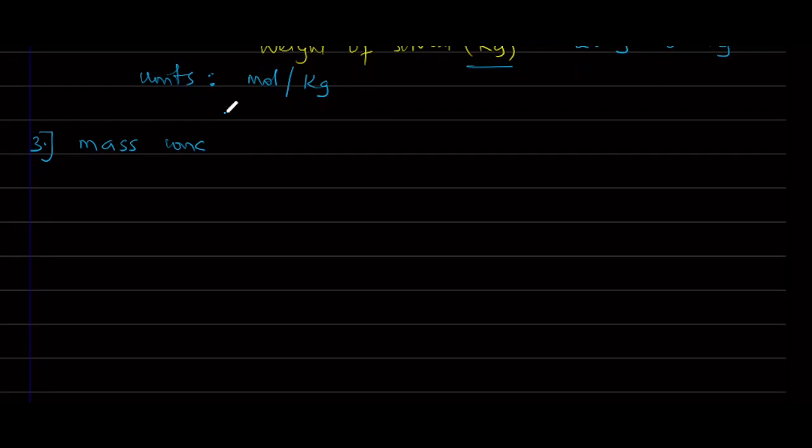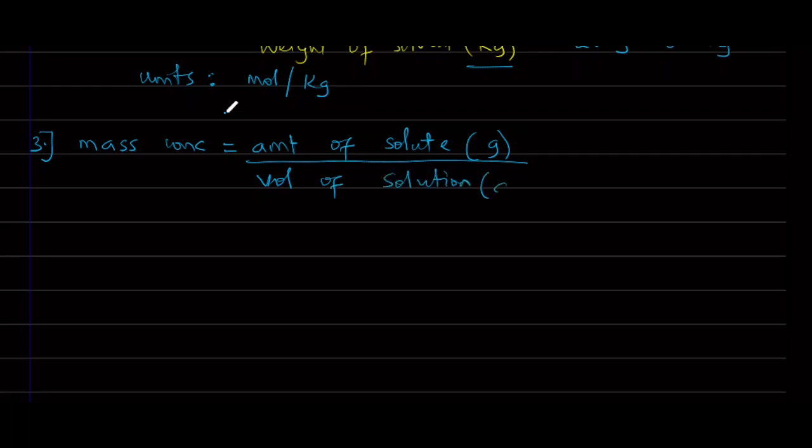Mathematically, it is the amount of solute, no longer expressed in mole but in grams, dissolved in 1 Dm³ of solution. That is, the volume of solution is in Dm³, and we have said 1 Dm³ is the same thing as 1 liter.